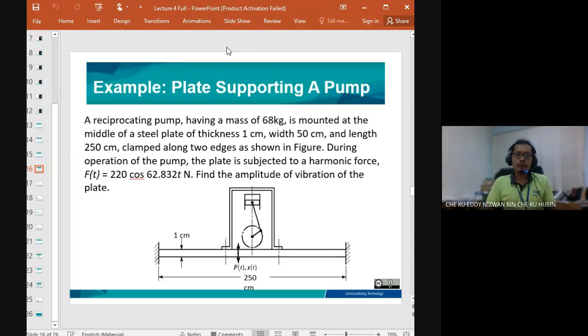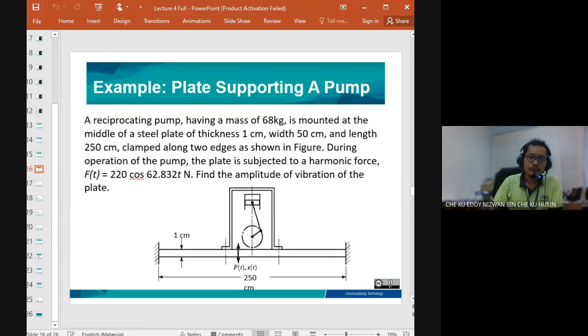Okay, so now we look at an example of how to solve vibration problems that relate to forced vibration. This is a reciprocating pump with a mass equivalent to 68 kg.